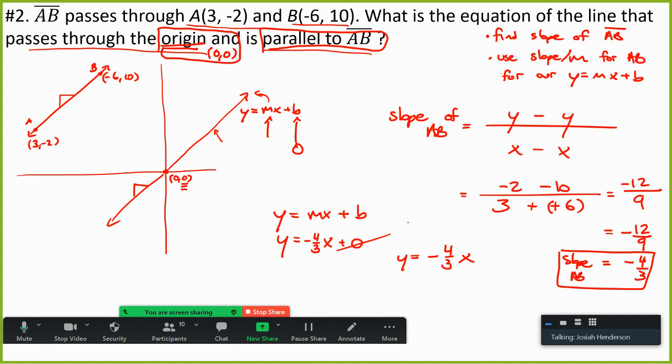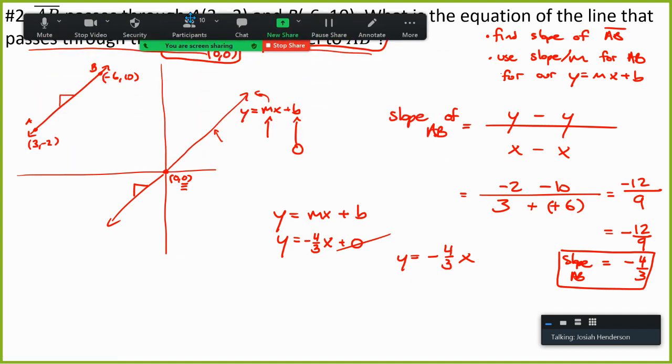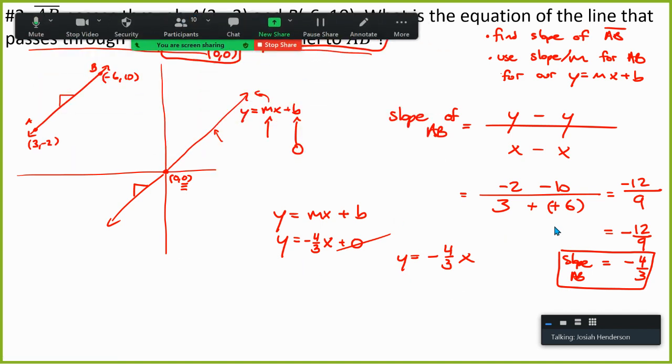And one last thing, Edmentum likes to do answers in standard form a lot of the time. So to rewrite the y equals form in standard form, x and y are together on the left side and there's no fractions. So you have to move that negative 4/3 over by adding 4/3 x to both sides. And then we multiply by whatever that denominator is.